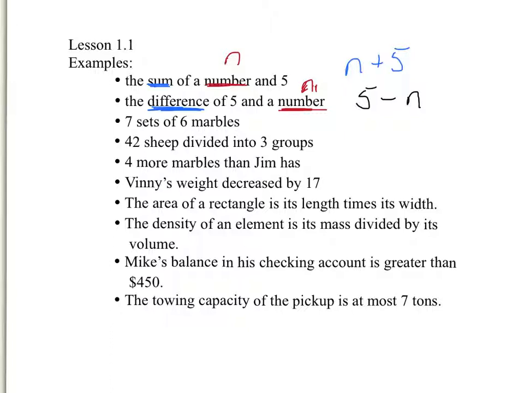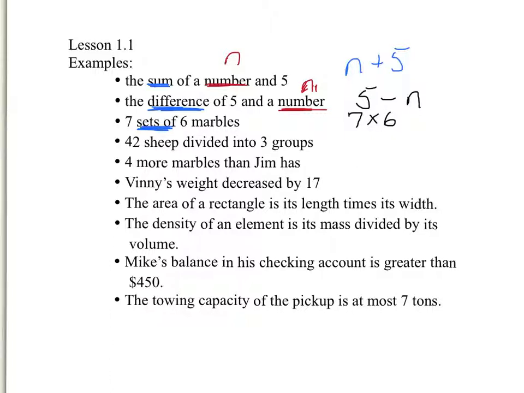All right. The next one will not have a variable because it doesn't have anything we don't know. But we do need to recognize what the operation is. The key words right here are sets of. If we look at our list, sets of something means that we're doing groups of them, or that it's multiplication. So this is going to be 7 times 6.